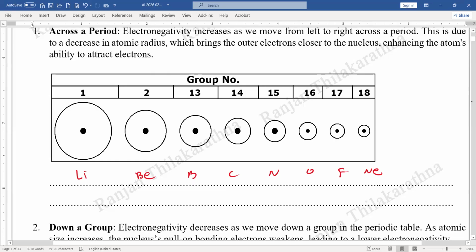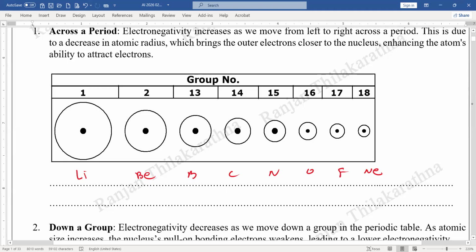All these outer electrons are added to the same main energy level. So the nuclear charge is increasing, and at the same time the electron charge is also increasing.